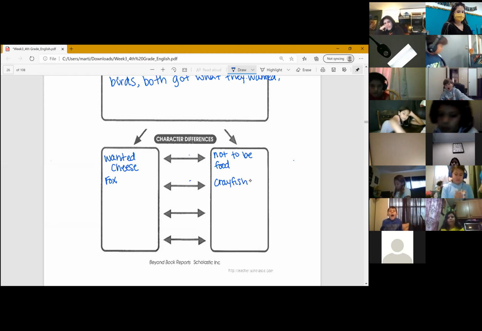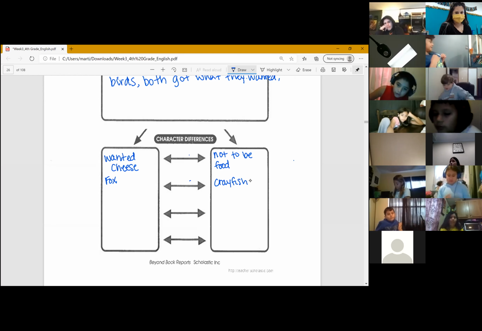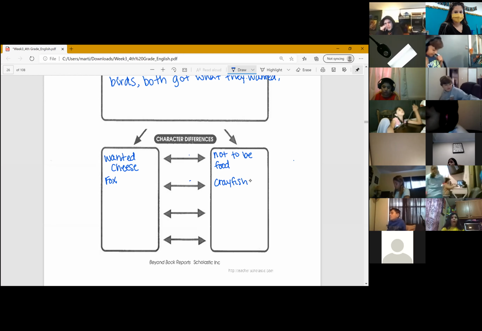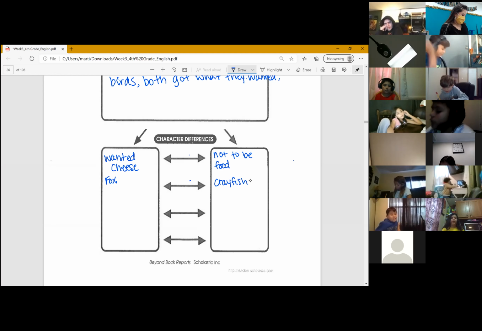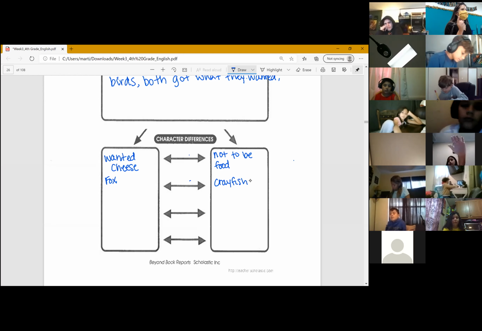Natalie, did you want to share something? There's one other difference. They don't live in the same place. The crayfish is in the lake, and the fox lives on the land. Okay. So where they live, you're right. But let's think a little deeper than that. Go ahead.